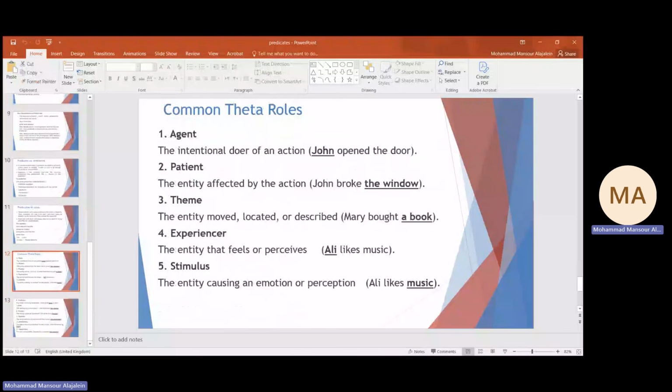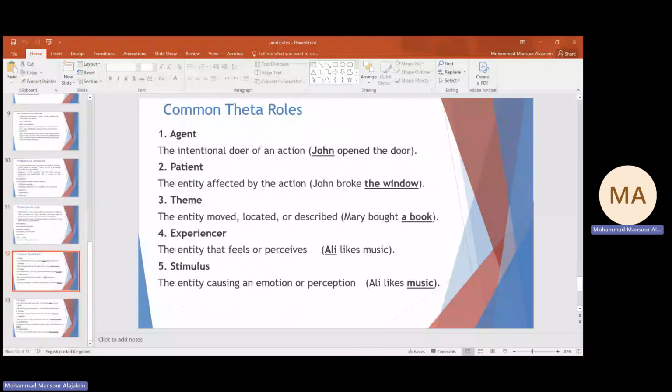So when we say Ali likes music, the feeling of liking is triggered by the entity music in this case. So we can say again, Ali is experiencer and music is the stimulus.